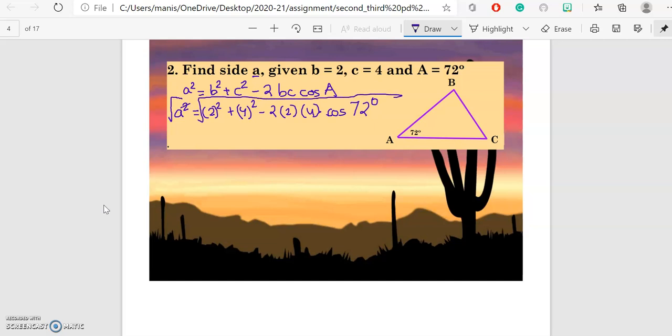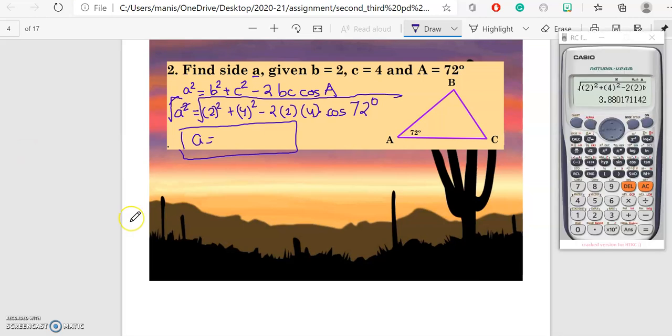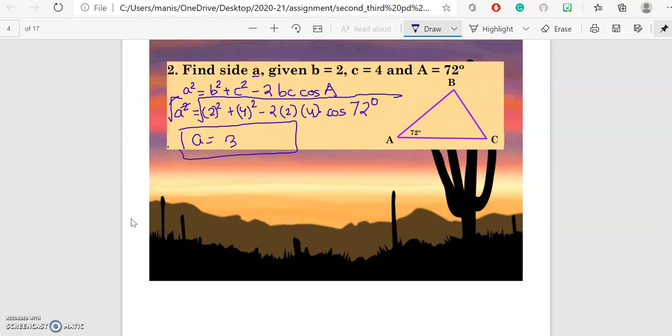As you can see in these questions, you only needed 3 steps; the rest of the work your calculator does for you. After entering the values in my calculator, I was able to find the value of lowercase a, or the side a, which is 3.88. That's my answer for this question.